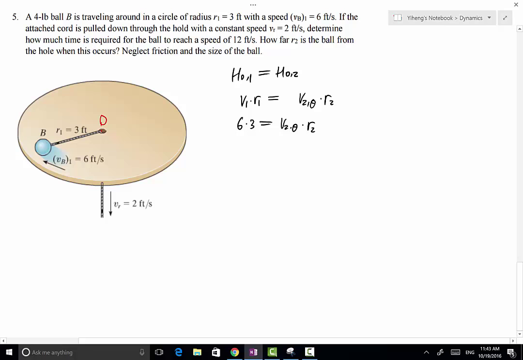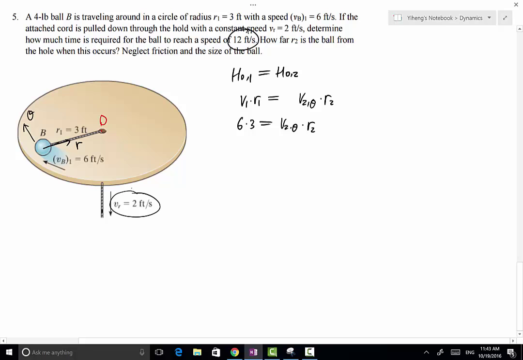However, we know that at state 2 the total speed will be 12 feet per second. And this total speed will have two components. One is the theta component that is always perpendicular to this line, and the other one will be the r component, and that is a constant 2 feet per second.